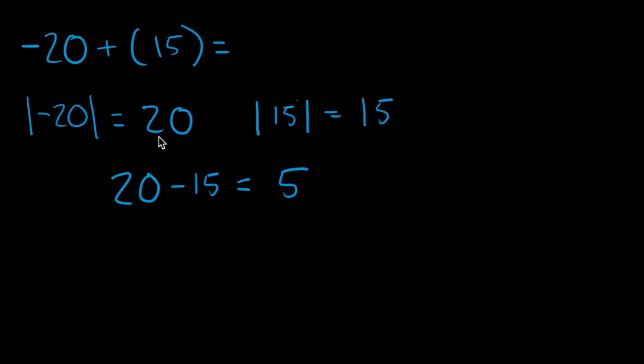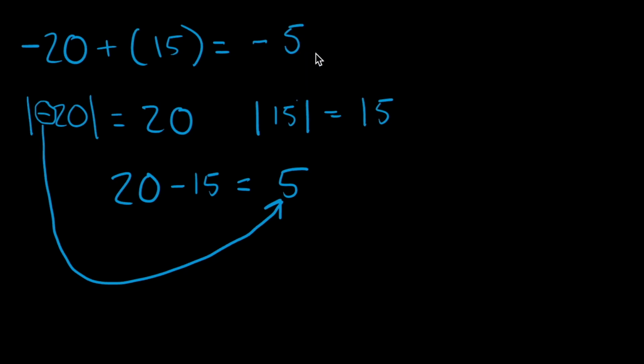So the 20 is larger than 15. So that is your larger absolute value. And we're going to take that negative from the original number that gave us the absolute value of 20 and give that to the 5. So your answer is negative 5.